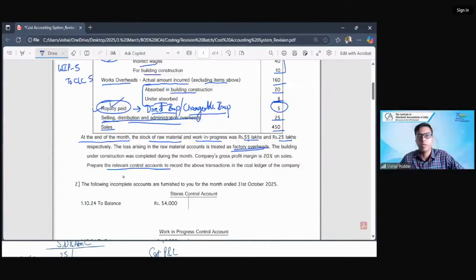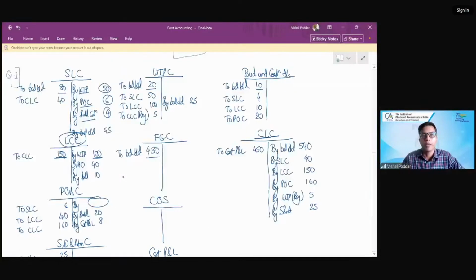Now, the loss arising in the material account has to be treated as factory overheads. Now, there is some balancing figure in material, which is actually shortfall in material. Hence, it is loss. This they have already mentioned through their adjustment. Now, we'll just cross verify this. So opening was 80. You made purchases of 40. So you have total material of 120 at your disposal, out of which 50 is used in production, 6 in maintenance, 10 for building construction.